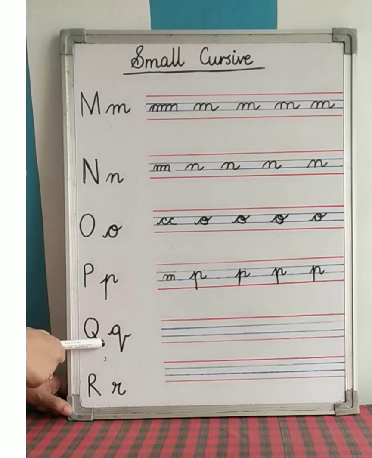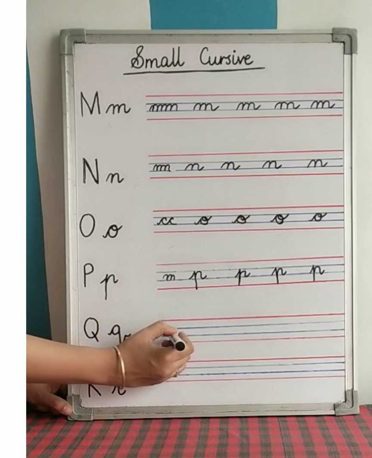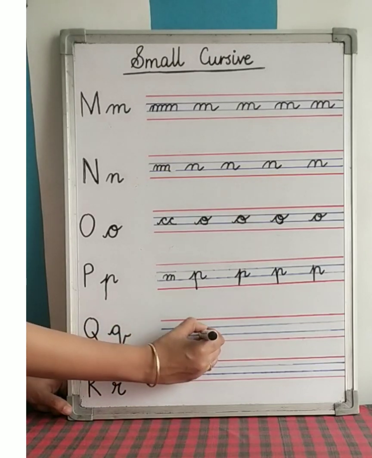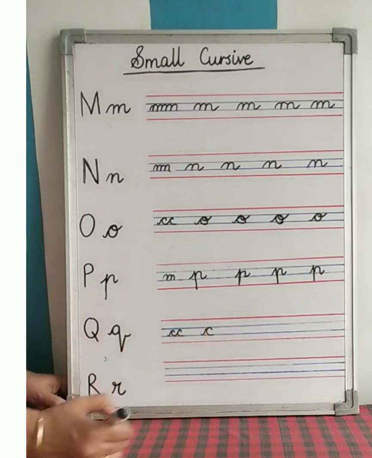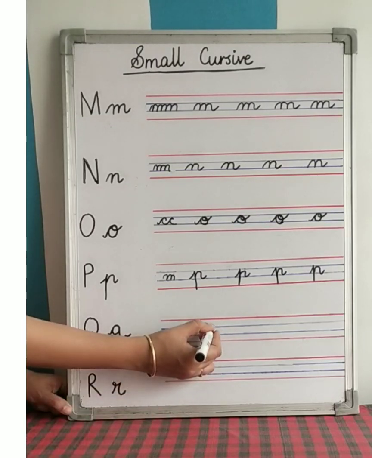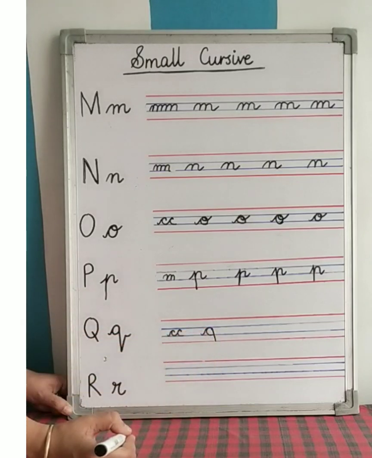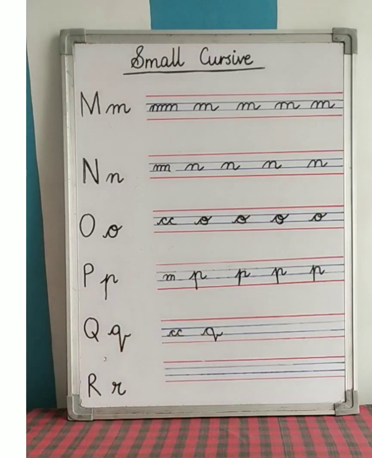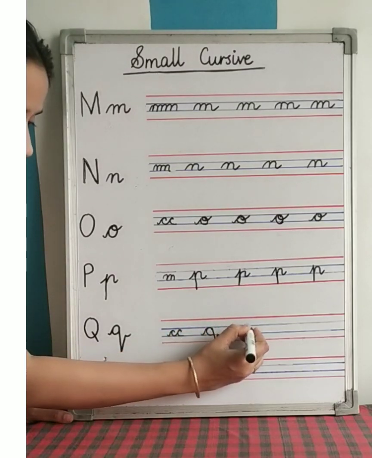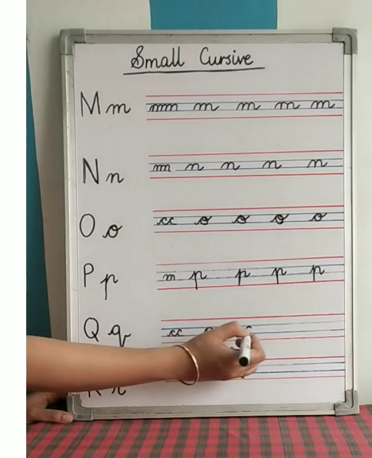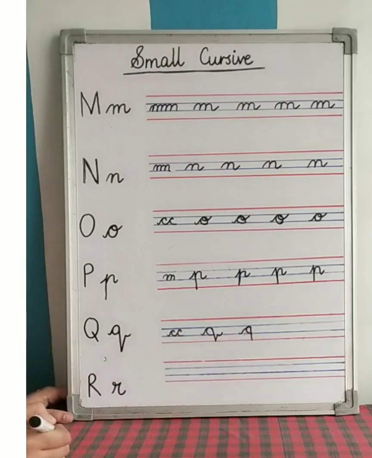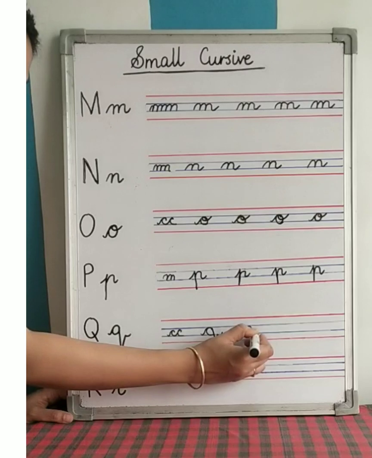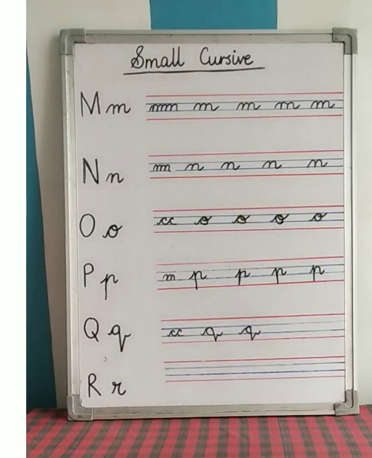Now the next is small cursive Q. So students, small cursive Q is based on the pattern of small cursive C. So first we'll draw a small cursive C, then extend a standing or slanting line maybe till the bottom red line, then a slanting line upwards towards the bottom blue line and then a tail like this.